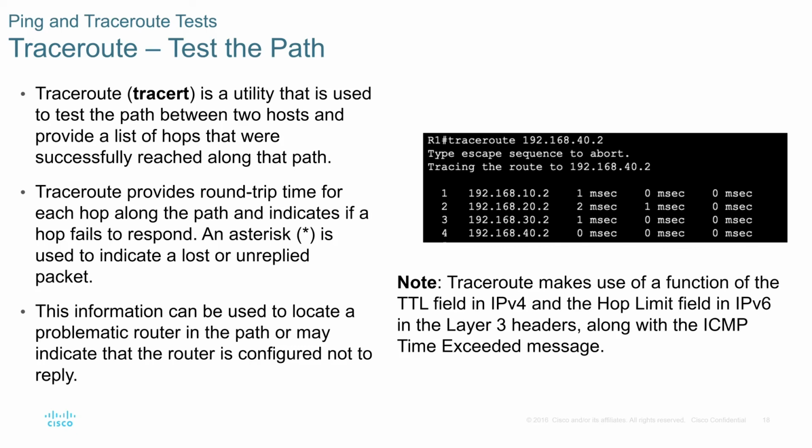You can modify the trace command or traceroute command to send different packet sizes and make it much more adaptable to test different configurations along the path. Traceroute makes use of a function of the time to live field in IPv4 and hop limit field in IPv6 in the layer 3 headers, along with the ICMP time exceeded messages.